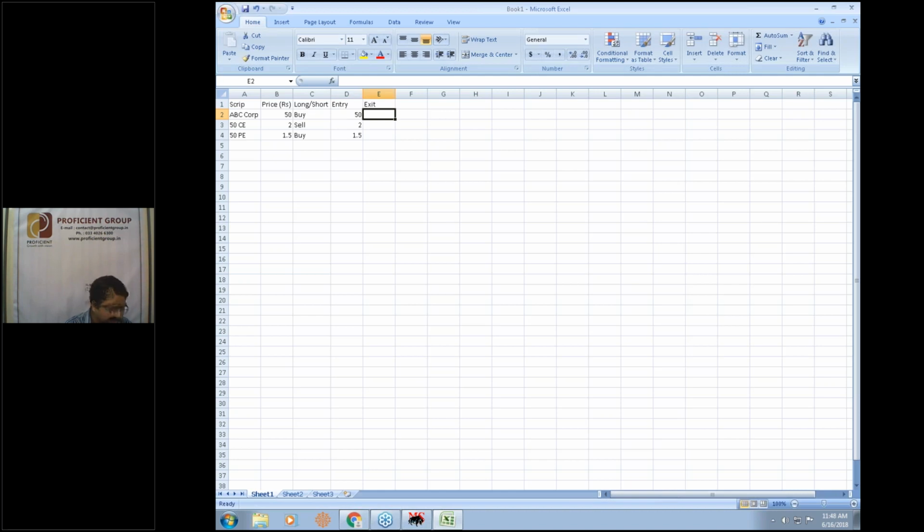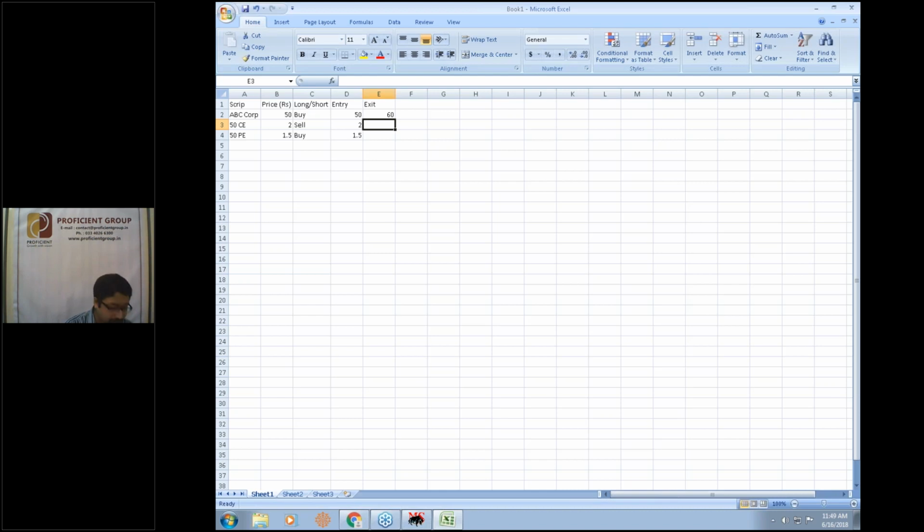So if the stock price goes to 60, we will have a ₹10 profit from the stock, we will have to exit from the call at a loss of 10, and the 50 strike put will be worth 0, right?